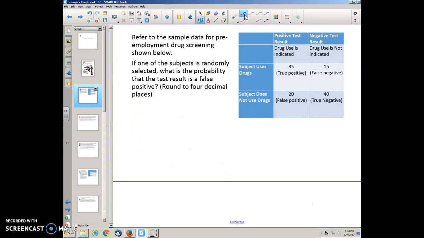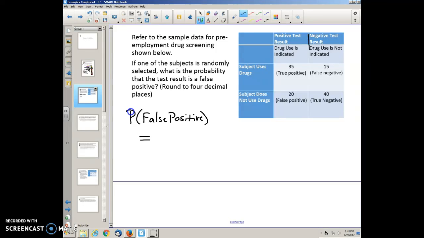Refer to the sample data for pre-employment drug screening shown below. If one of the subjects is randomly selected, what is the probability that the test result is a false positive? Okay, we need to know the total number of people in this test.